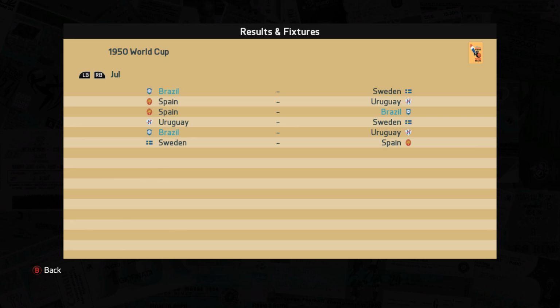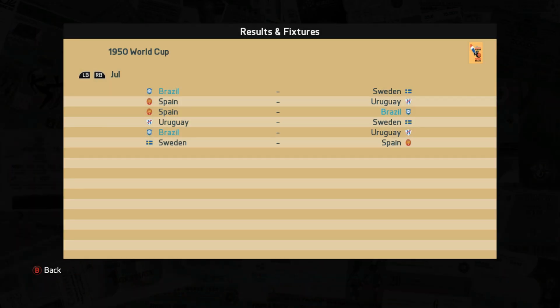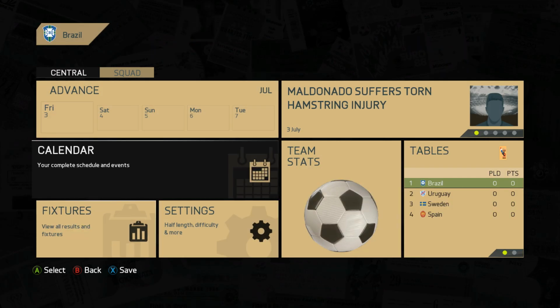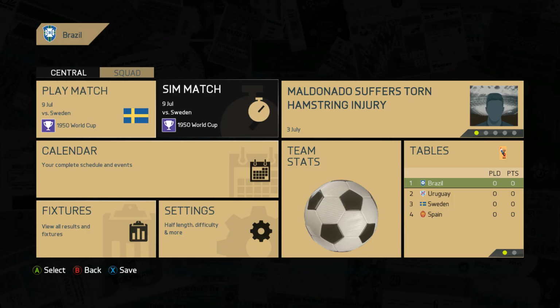Brazil play against Spain. Brazil play against Uruguay. So they play against 3 sides. This is a tricky one. Maybe everything will have to be simmed.